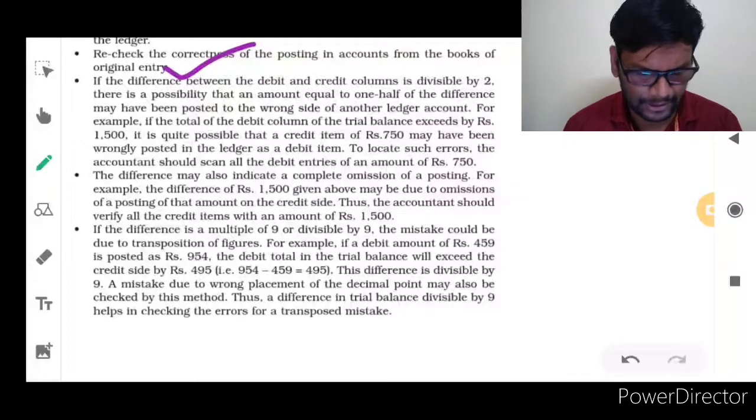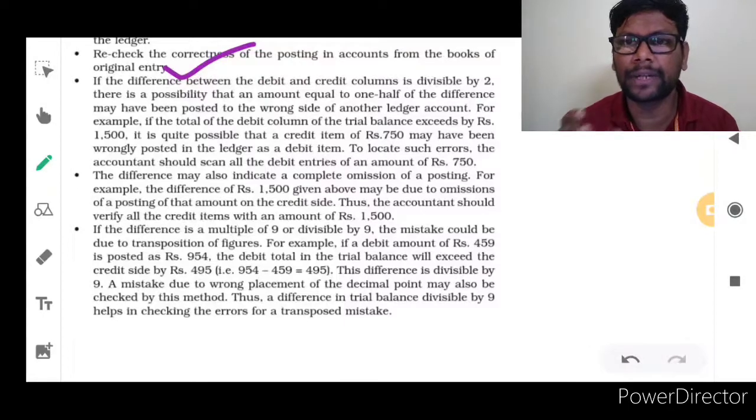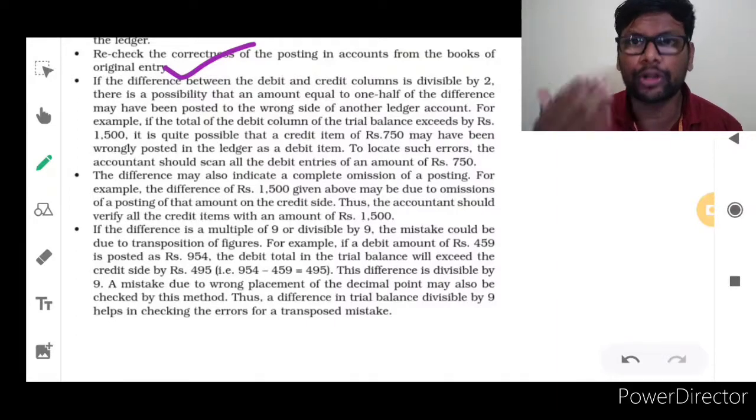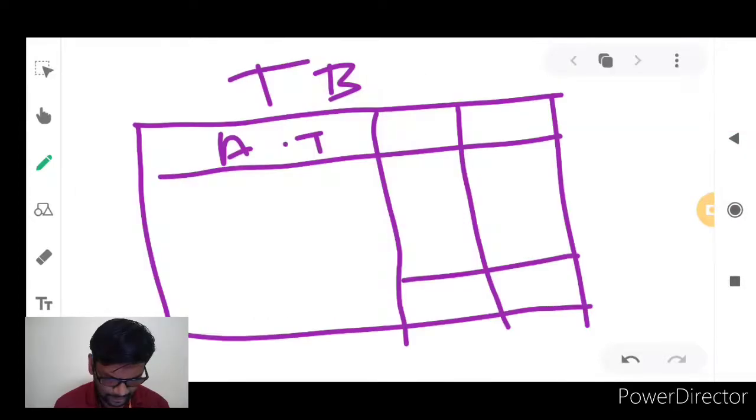So some other possibilities are there. Instead of wrong debiting, if they left out a transaction, which means they omitted a complete transaction on the credit side, 1500 also will lead to 1500 more on the debit side, right? Can you get my point? See, it is a trial balance, TB. So there is a debit side and a credit side.